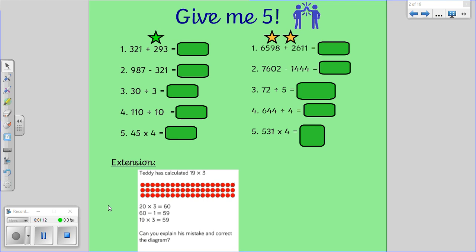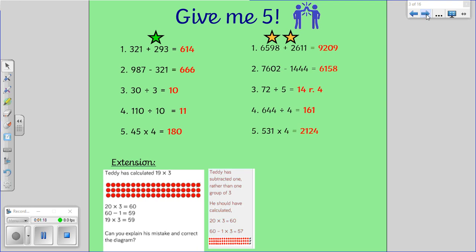Okay, hopefully you've given yourself 5 minutes to complete the Give Me 5 questions and you're ready to see the answers. So here are the answers to both the 1-star and the 2-star questions, and also the answer to the extension at the bottom.